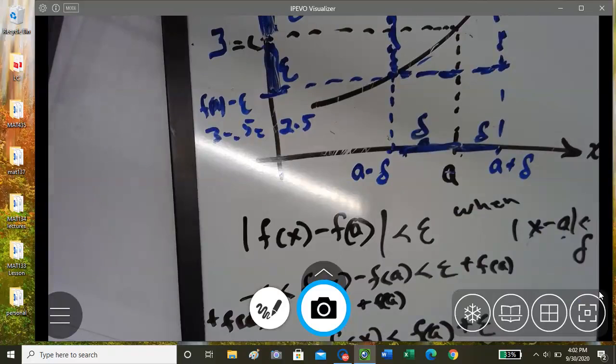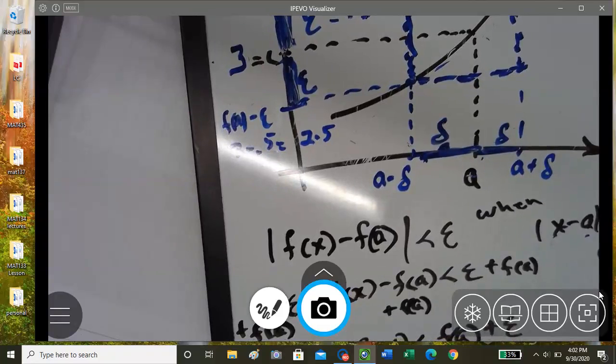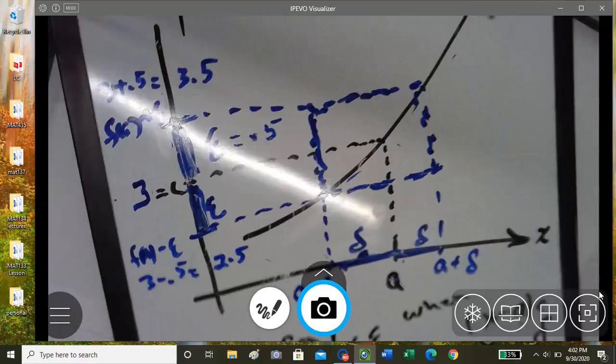So we're saying for each epsilon greater than 0, there's a number delta.